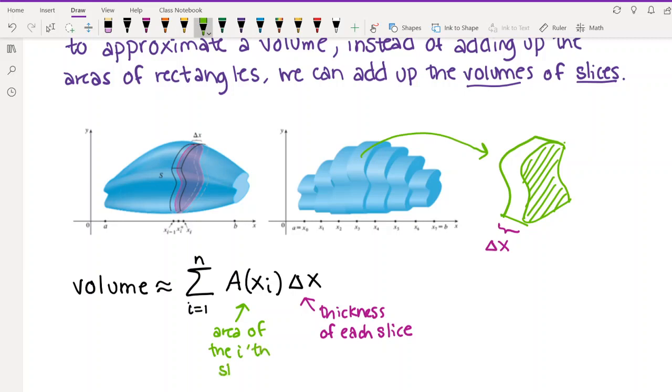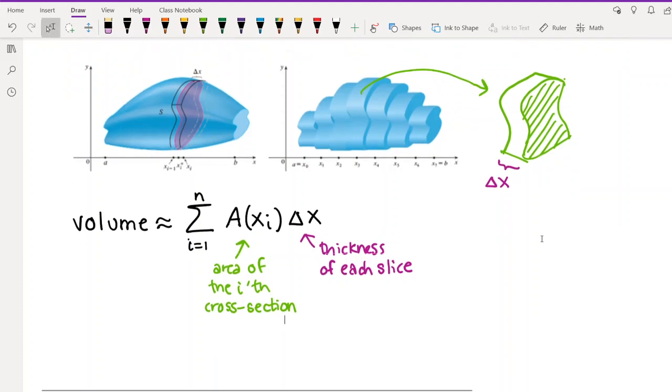Actually, I'm not going to use the word slice here, I'll say cross section. When I say cross section, I mean if you look at the slice and just look at its face and find the area of the face, that's what I mean when I say the ith cross section. Because as we can see by looking at this picture, if you were to look at all these different slices of bread, they would have different sizes on the face, right? The thickness is the same, but the size of the face is different. And so that's why I'm saying the area of the ith cross section.